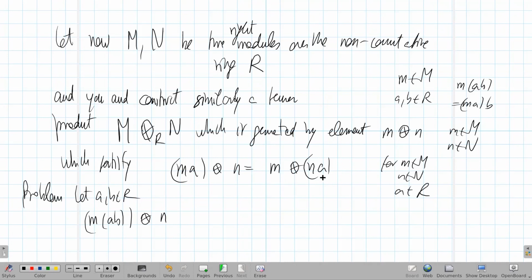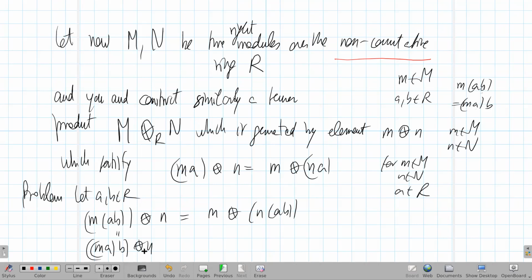Because ab is an element of R, this should be m tensor n times ab, okay? But in the axioms for modules, we just recall here that this is similar to what happens in vector spaces, except that the objects could be non-commutative, so we have to keep the right order. When you apply the scalars, say ab, to m, this means applying first a and then b. Okay, so this means m a b.